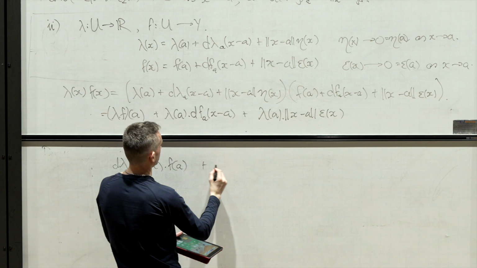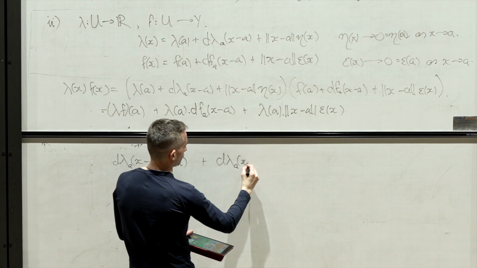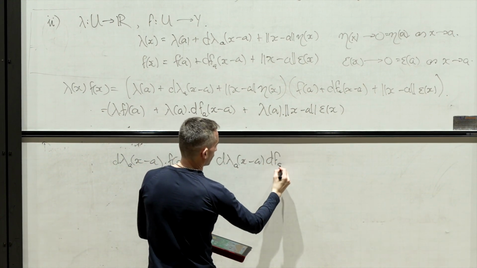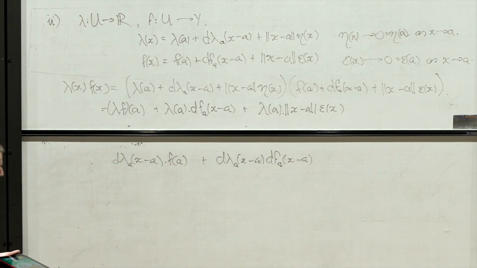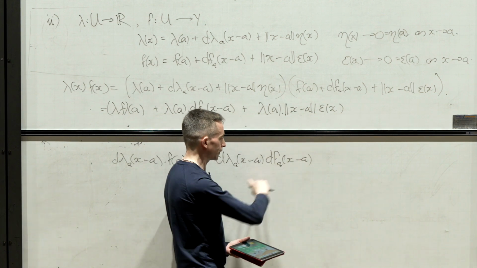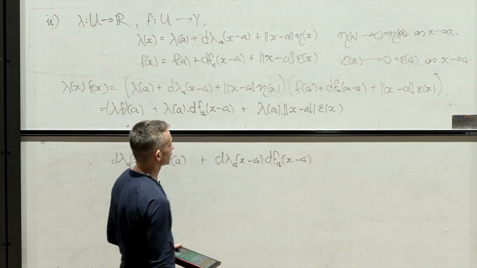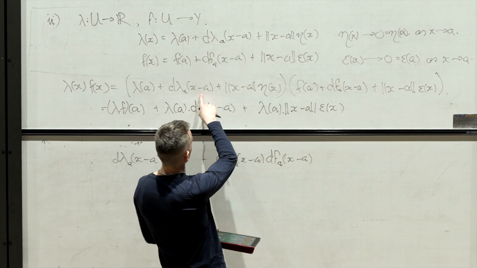Then I get the product of the two derivatives, which again makes sense because this is scalar valued and this is vector valued. And that's the one that we need to think about for a second. But let's just write down everything else.